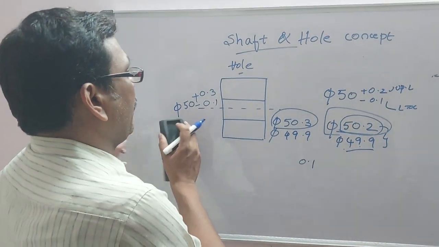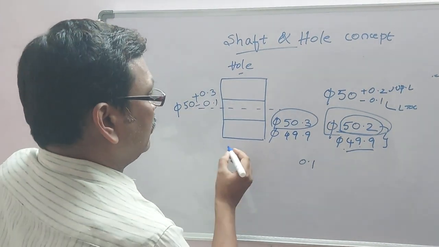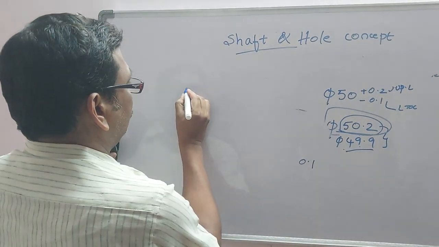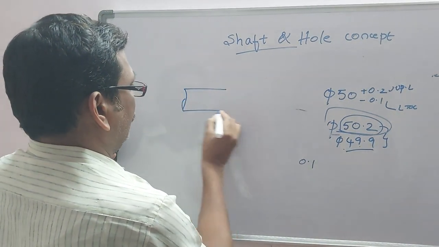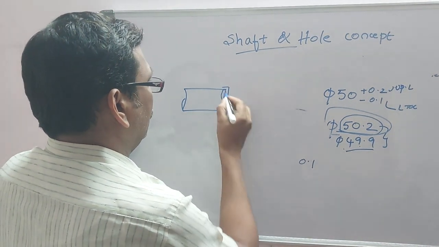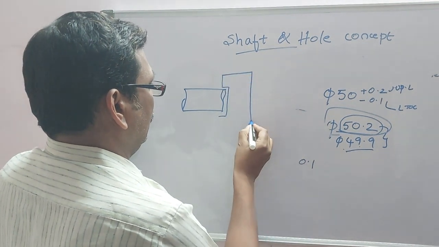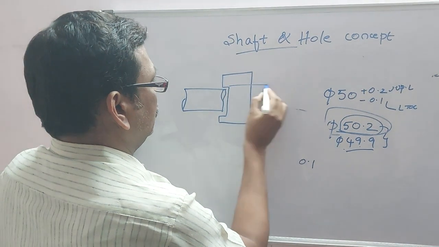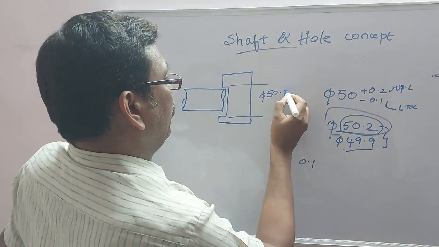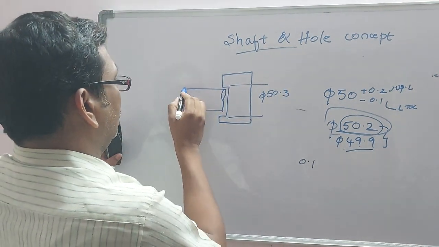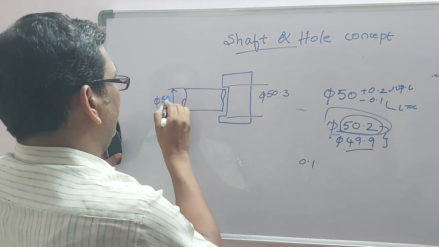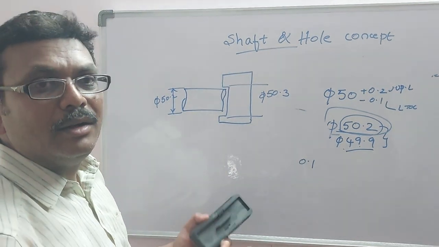In the same way, see here. This is having a diameter of 50.3 and this is having a diameter of 50.2 including tolerances.